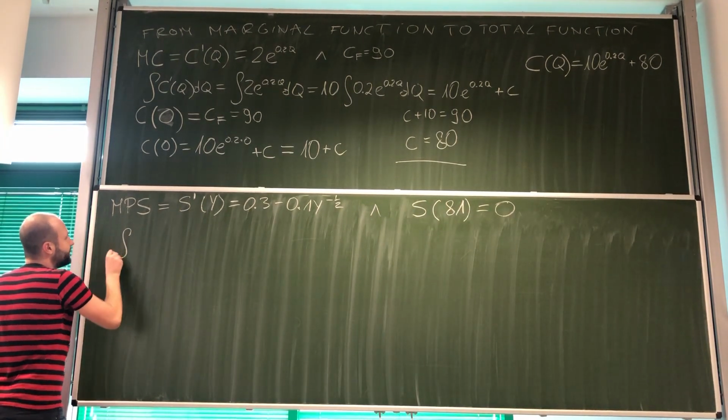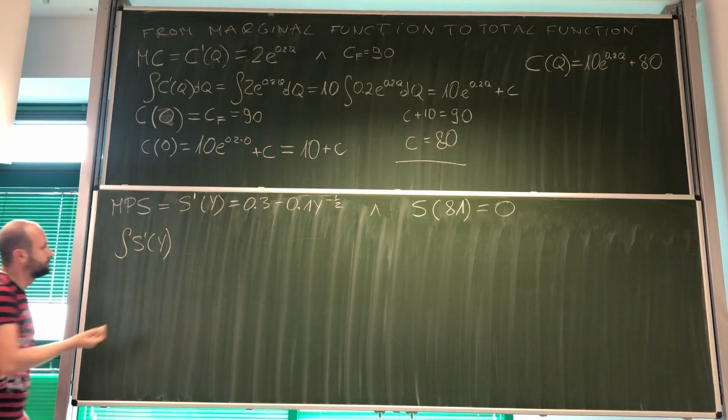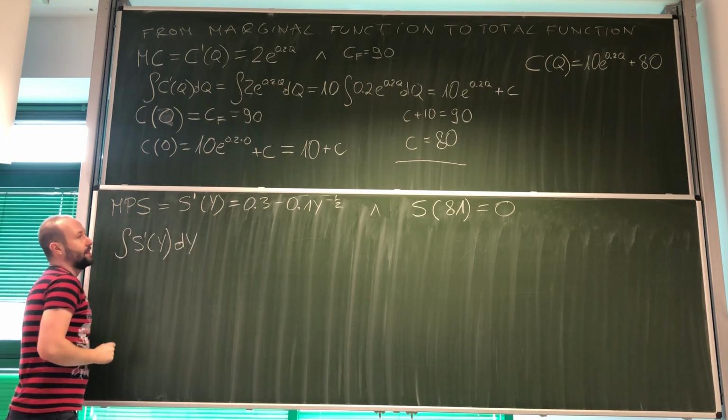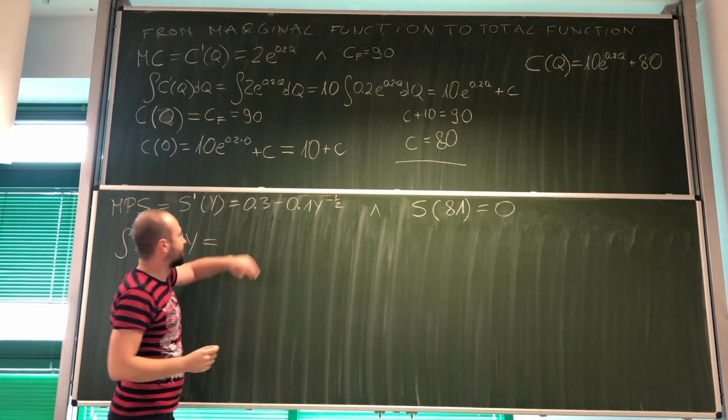Okay, so we need to again integrate MPS with respect to income. And so how do we do it? This is a very simple case of integration.